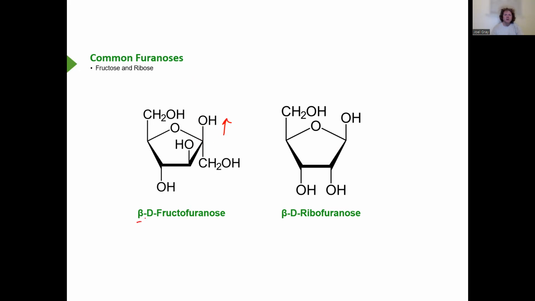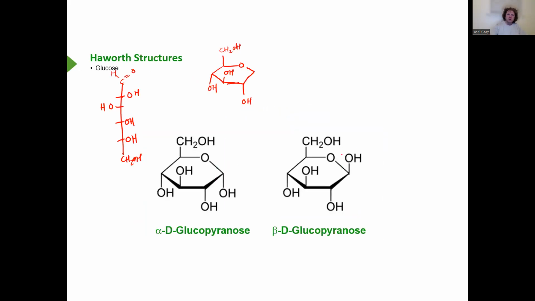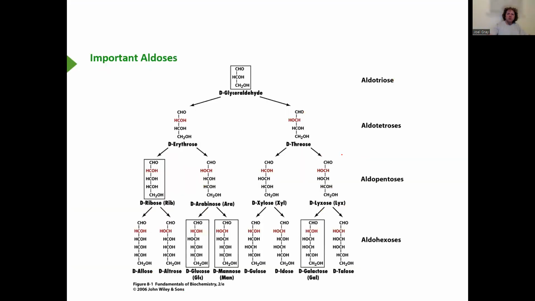That is a beta configuration. Our hydroxide group pointing up on carbon number 1 there, this is 1, because if you remember ribose, which I'm going to scroll back to, here's ribose. 1, 2, 3, 4, 5 carbons.